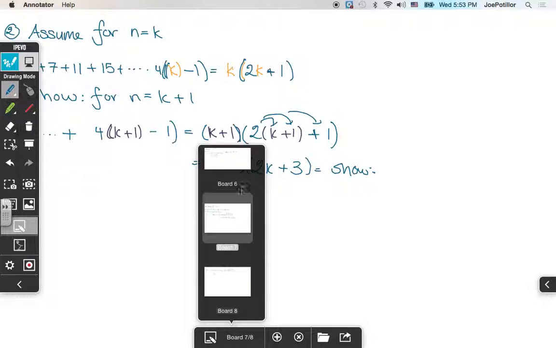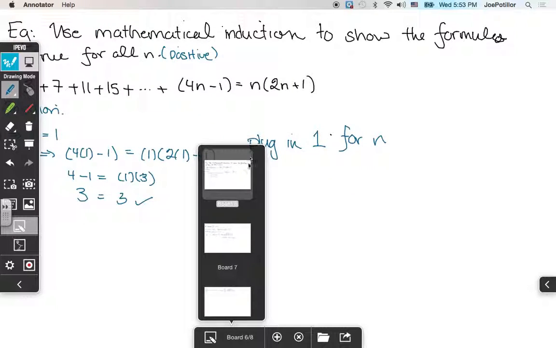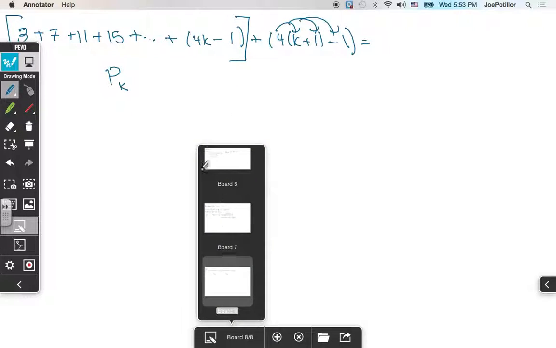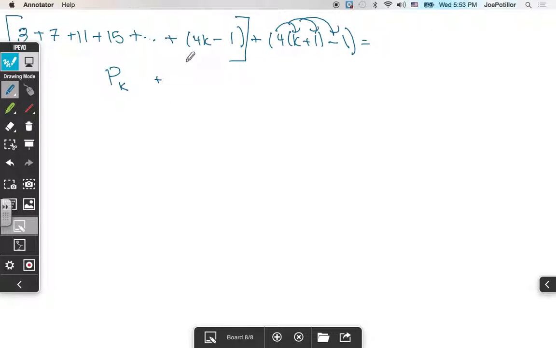We found that here on this page. You see how we plugged in k for that. So we let that be our S of k, or our P of k, and we'll come back to what I mean by that. And so we end up plus 4k plus 4 minus 1, which is of course 4k plus 3. We'll leave that be. Alright, this statement here, P of k, becomes this right here.